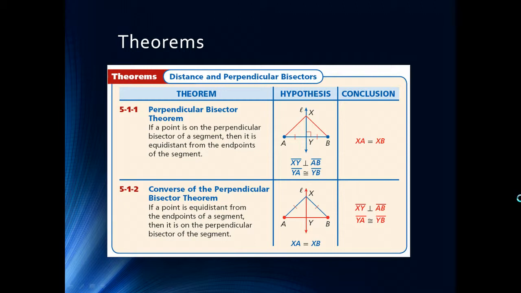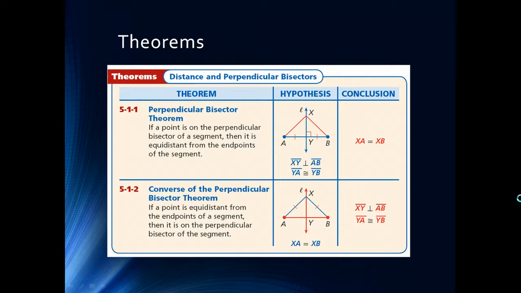5-1-2 is the converse of the perpendicular bisector theorem. It simply states the opposite. If a point is equidistant from the endpoints of a segment, then it is on the perpendicular bisector of the segment. So in this case, we're given that we have an isosceles triangle. We have a bisector, but we aren't sure if it's perpendicular.